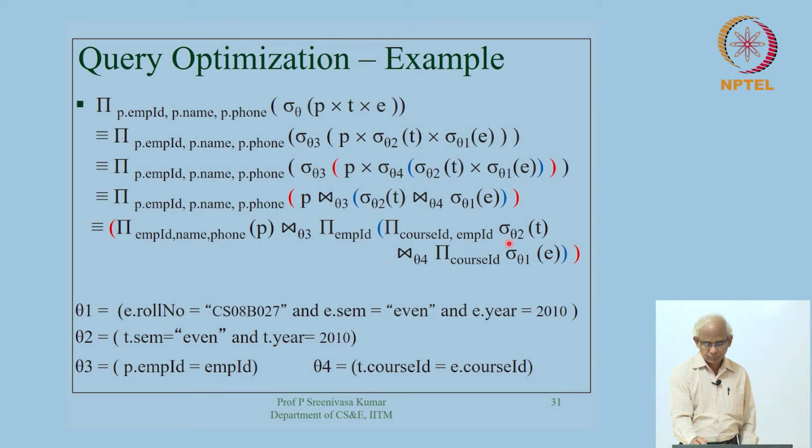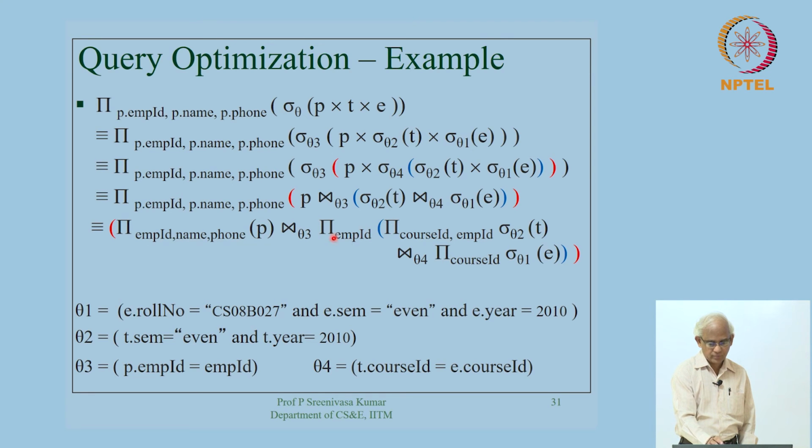And here, from teaching, you require not only course ID, which is being used in theta 4, but you also need employee ID, because t dot employee ID is being used in theta 3. So you project course ID and employee ID from teaching, and then you have that appropriate intermediate result.